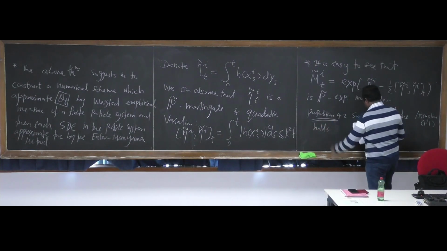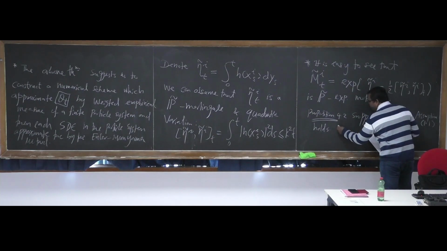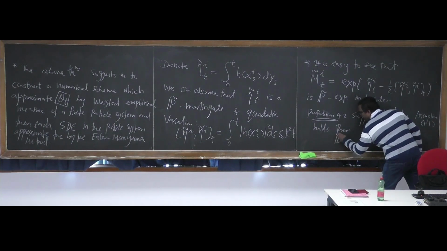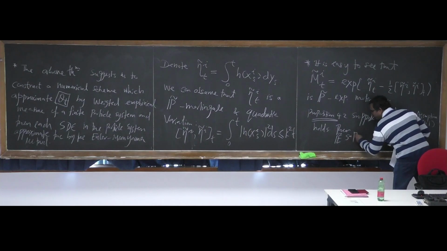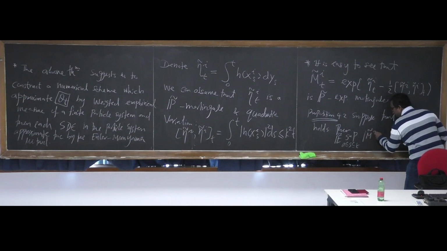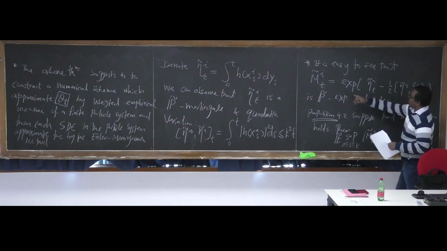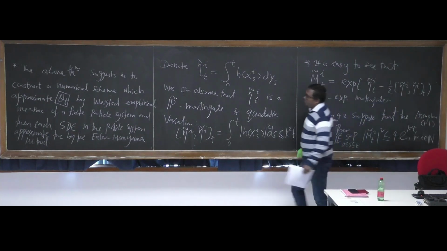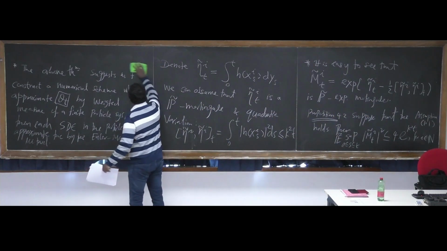Then the expectation of the supremum over s of the absolute value of this exponential martingale squared is bounded by 4 times exponential of k squared t, for i belonging to any natural number.